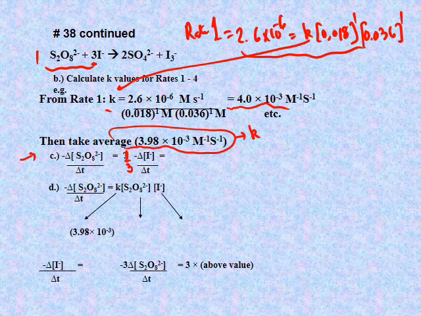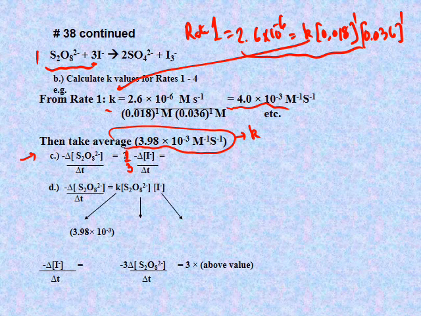So we can say the rate of dissipation of S2O8 is about 1/3 the rate of dissipation of I minus, and that comes from the balanced reaction. We have explained that before. So basically whatever you have as the coefficient in the balanced reaction, that becomes 1 over that value that goes with that particular reactant. So that's part C.